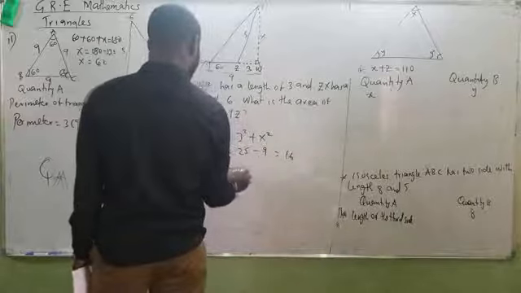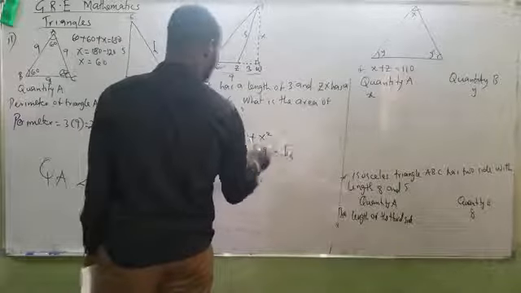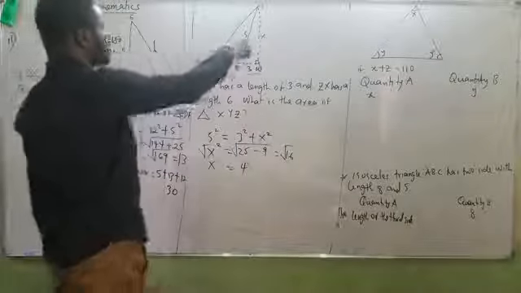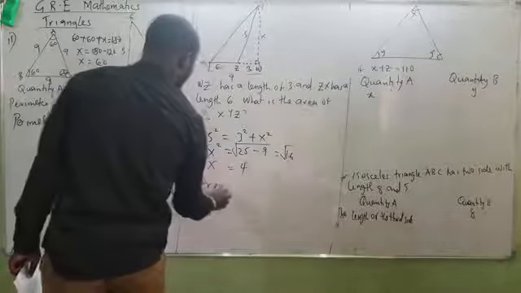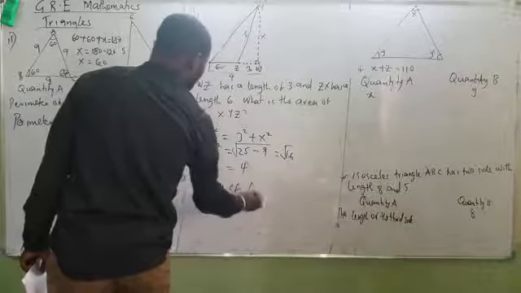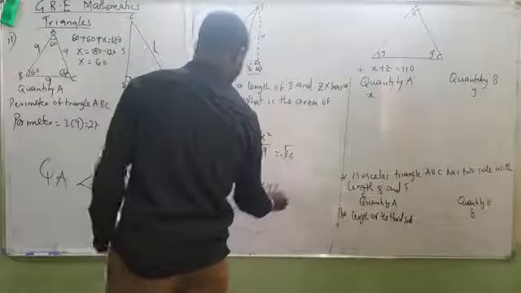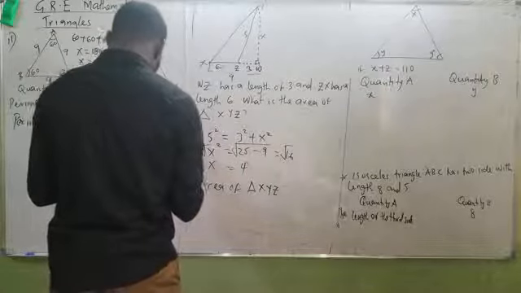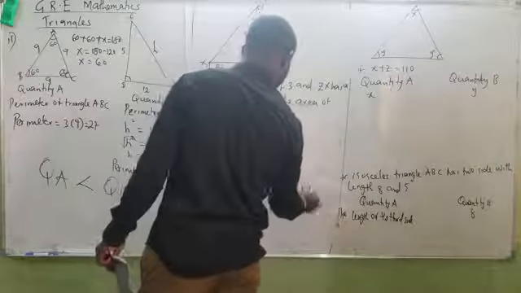My x will be root of 16, which is 4. Now, since it's 4, I can now find the area of triangle XYZ. It will be equal to half base times height.